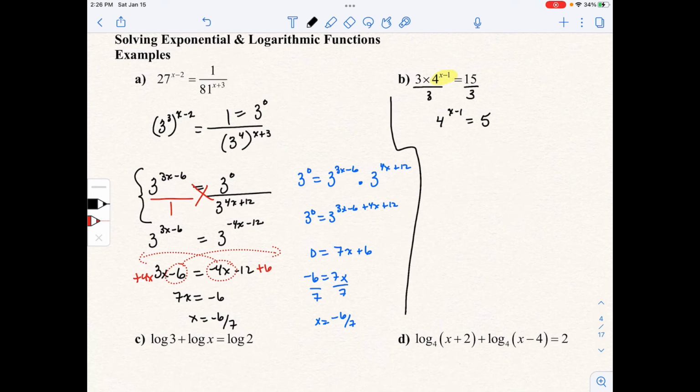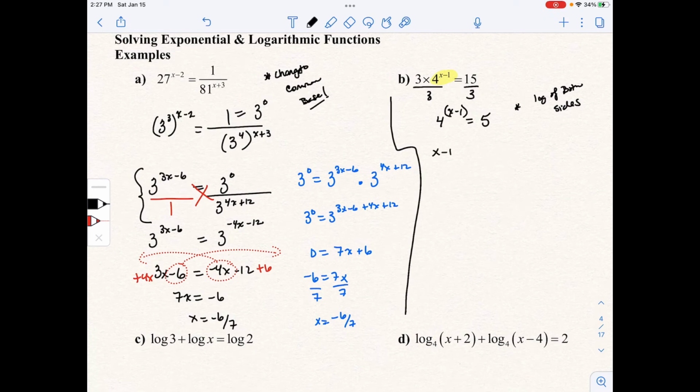And now, when I can't change to a common base, my strategy is to take the log of both sides, right? Change to a common base, which is what we did over here, but over here we're going to take the log of both sides if a common base is not possible.